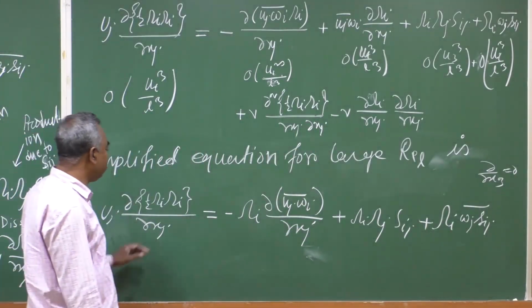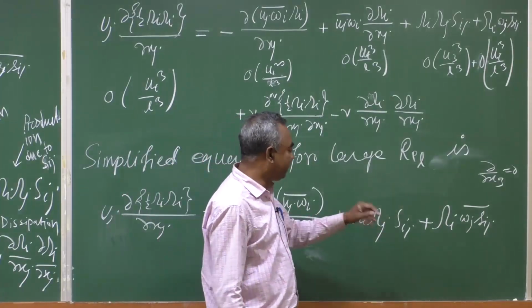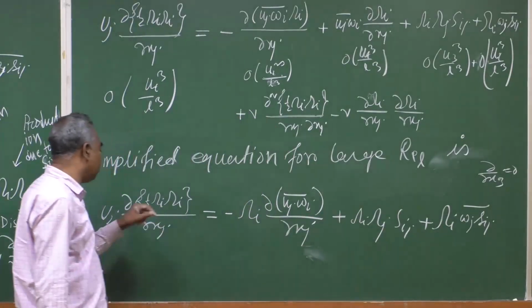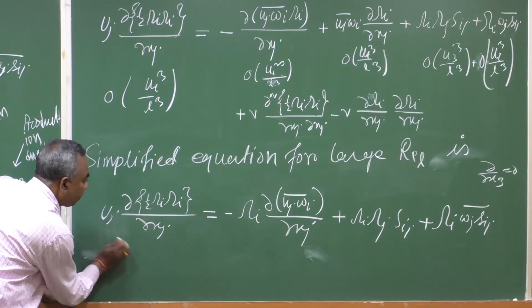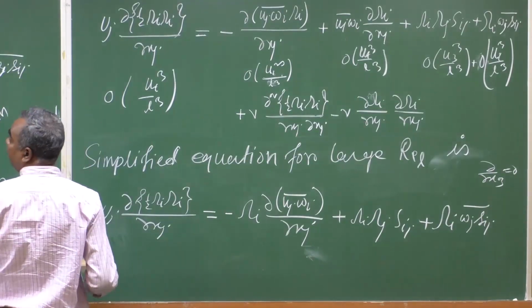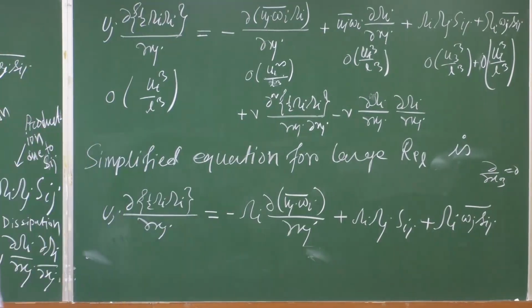Okay. So, the simplified equation for i equal to 3 you can write as follows.